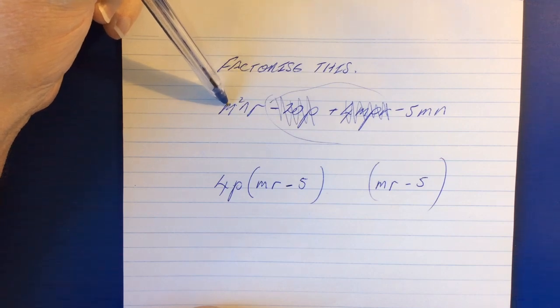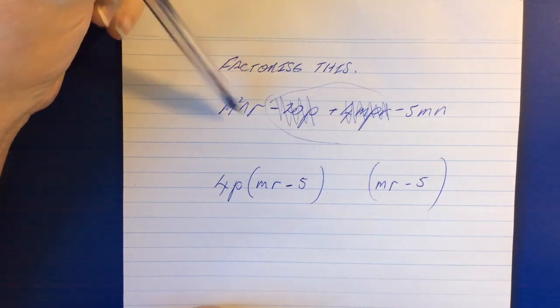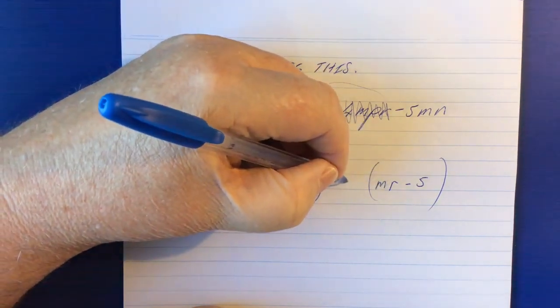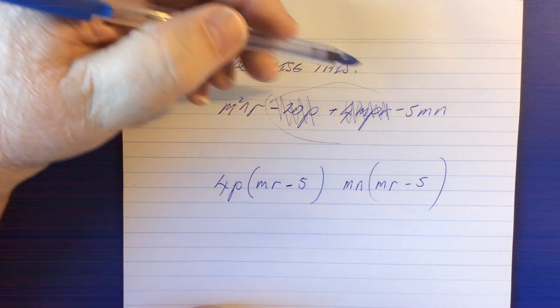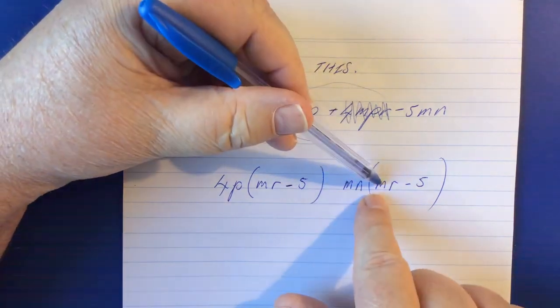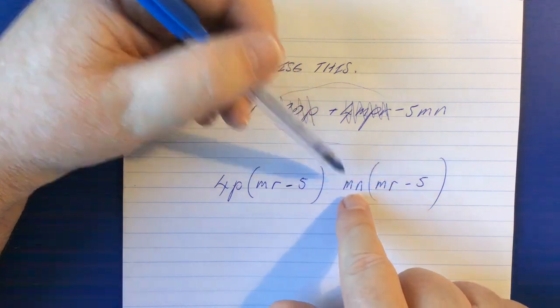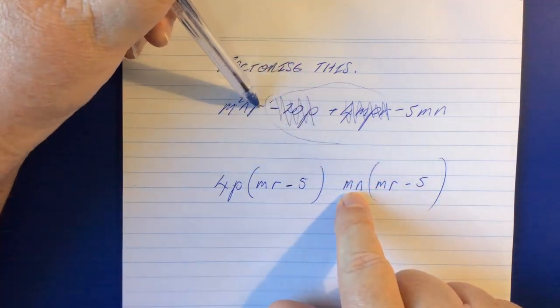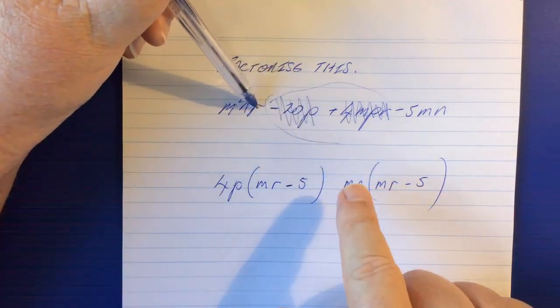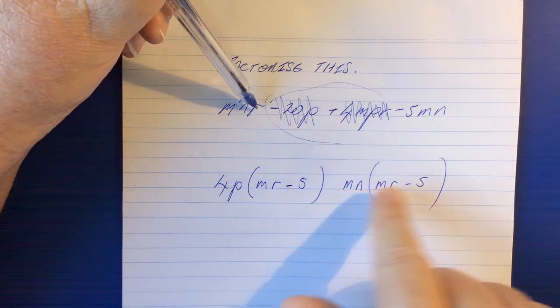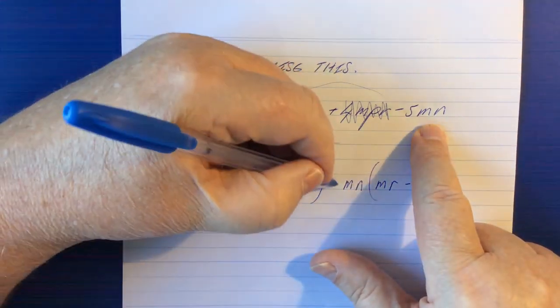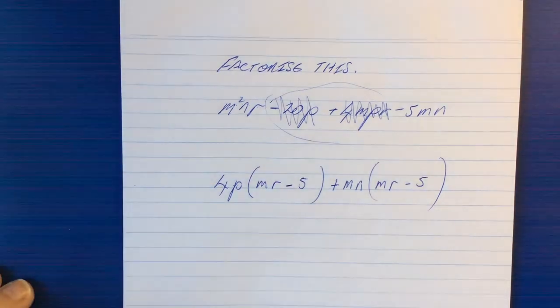We need m squared nr. So if we tried mn, we would get m times m squared, n times mr, which would give us m squared nr, and if we multiplied that by negative 5, we would get that. So there we are. Now we're not done.